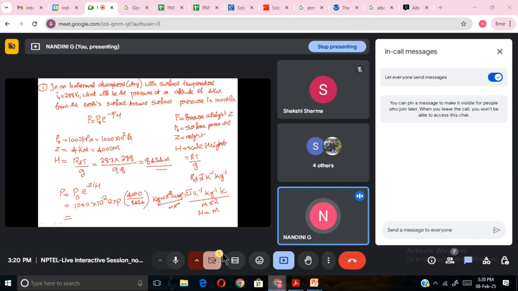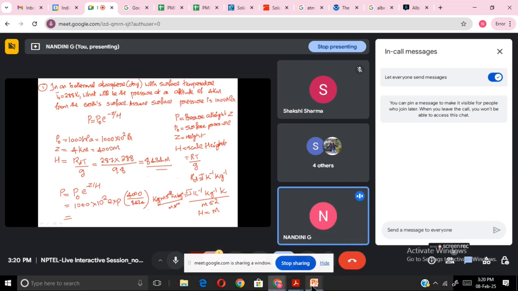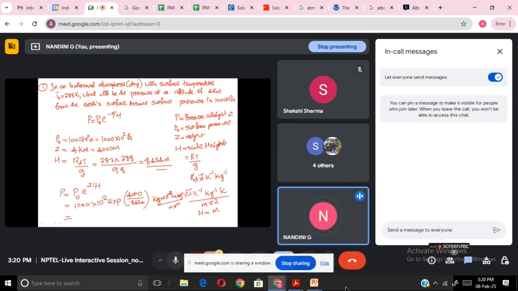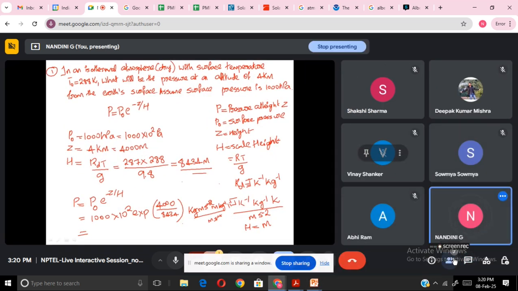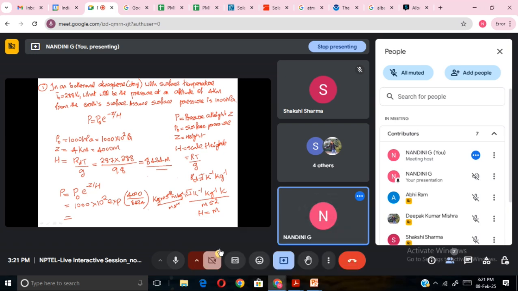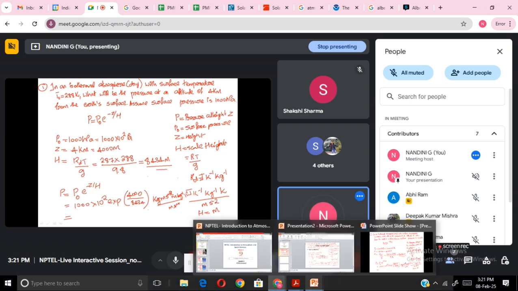The unit of scale height is meter. Now we have to find the value of P, which is 1000 into 10 raised to 2 surface pressure into exponential of 4000, the value of Z, by scale height, which is 8434. Can you calculate and tell me what the value of pressure at a height of 4 kilometer will be?